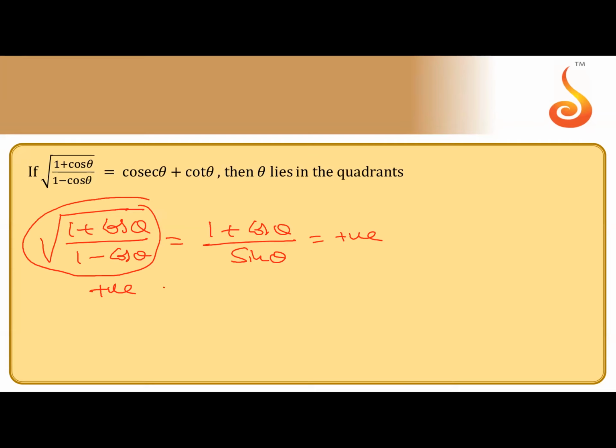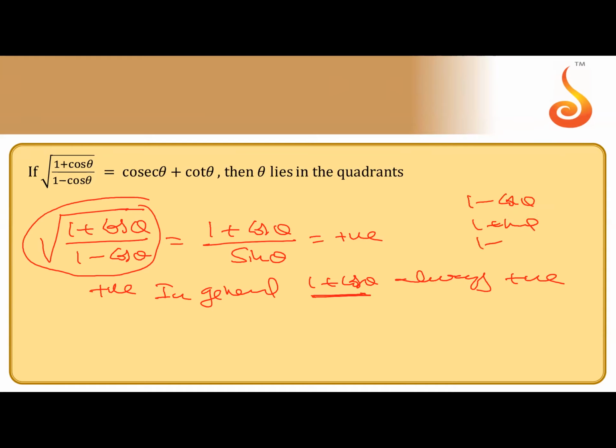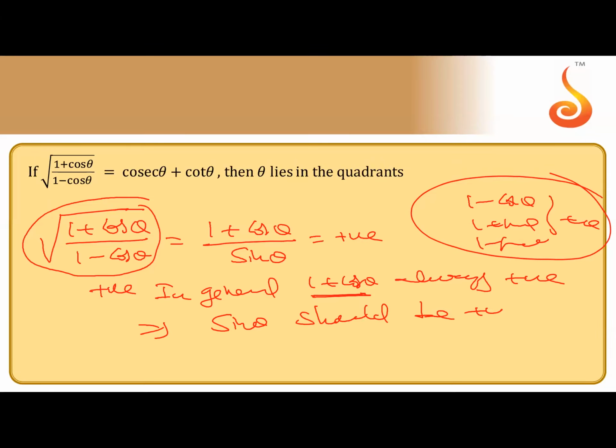In general, 1 plus cos theta and 1 minus cos theta are always positive, and likewise 1 plus sin theta and 1 minus sin theta. That means the numerator is positive, so the denominator must be positive. This implies sin theta should be positive. It cannot be 0 because we want it positive.